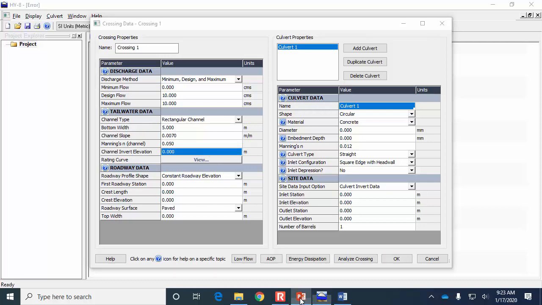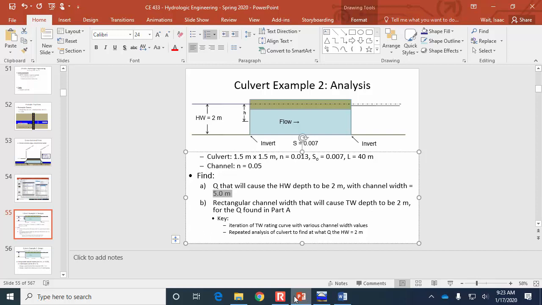Channel invert. Remember, what that's asking is what's the elevation here where the downstream channel matches the culvert. We haven't calculated that yet, but we can from the slope that's given. So if we assume that this elevation is 100 meters, then this elevation is going to be 100 meters minus 0.007 times the length of the culvert, which is 40 meters.